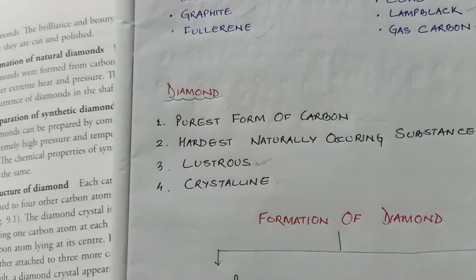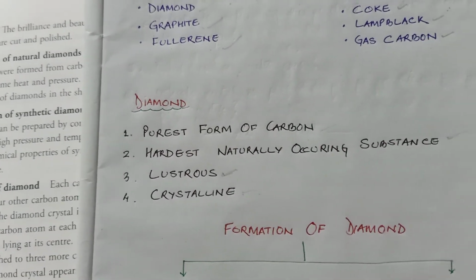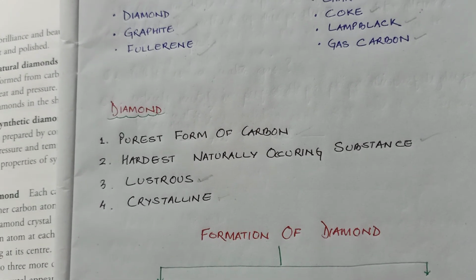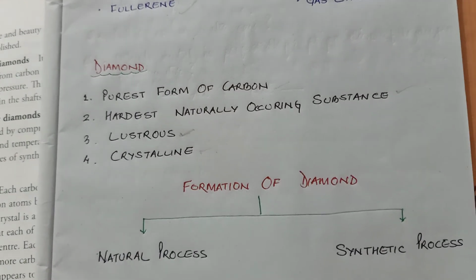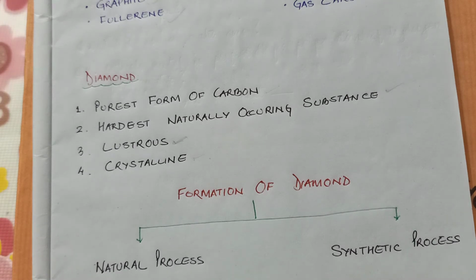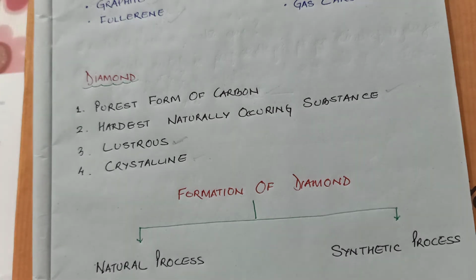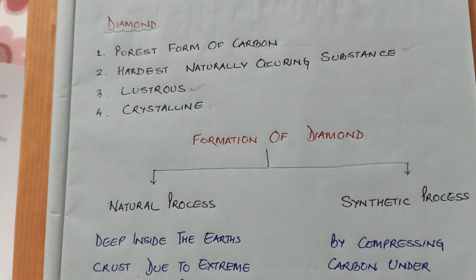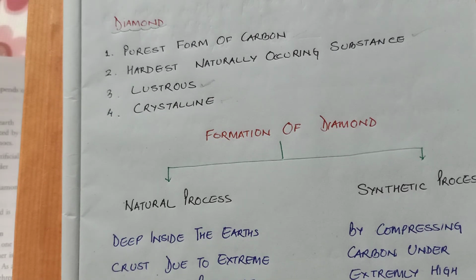So carbon can form diamond, we all know that. Now diamonds get formed in two ways. One is by natural process, and another is by synthetic process. The natural process takes place in nature itself. How does diamond get formed in nature? Carbon lies deep under the Earth's crust, where there is huge, extreme heat and pressure.